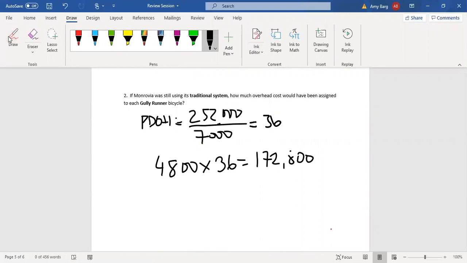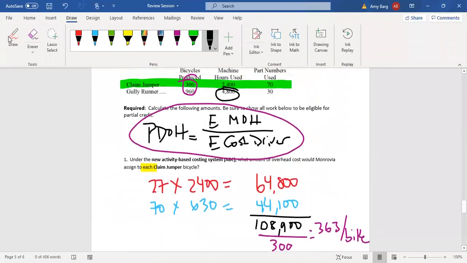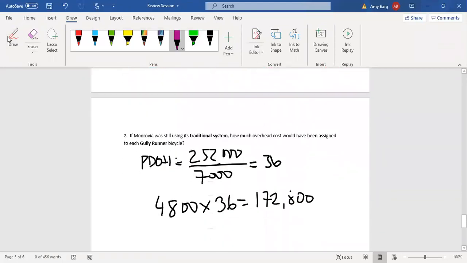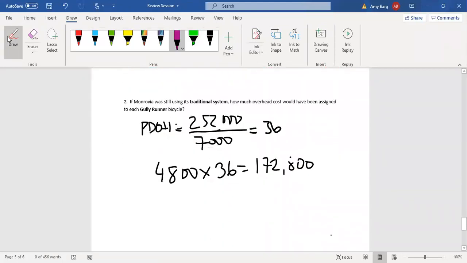And we need it per bike. We see back up here the 960. So if we divide by 960, we get that these are 180 per bike.